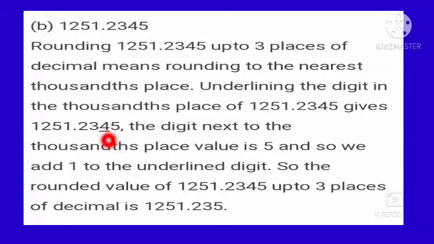Yes, we have to add 1 to the underlined digit. So the rounded value of 1251.2345 up to 3 places of decimal is 1251.235. Here we have a decimal number. In the decimal part there are 3 digits, so we rounded up to the 1000th place.